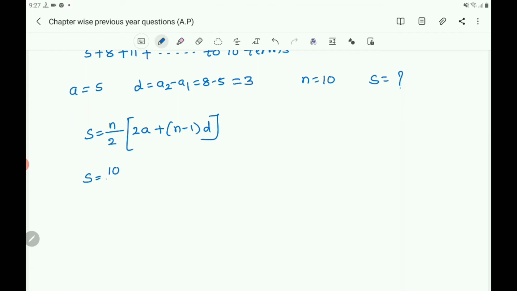n by 2 means 10 by 2 into 2 into, in the place of A you have to write 5 because the A value is 5. So you write 5 plus n minus 1, that is 10 minus 1, into D. What is the value of D? D is 3. So you write 3.